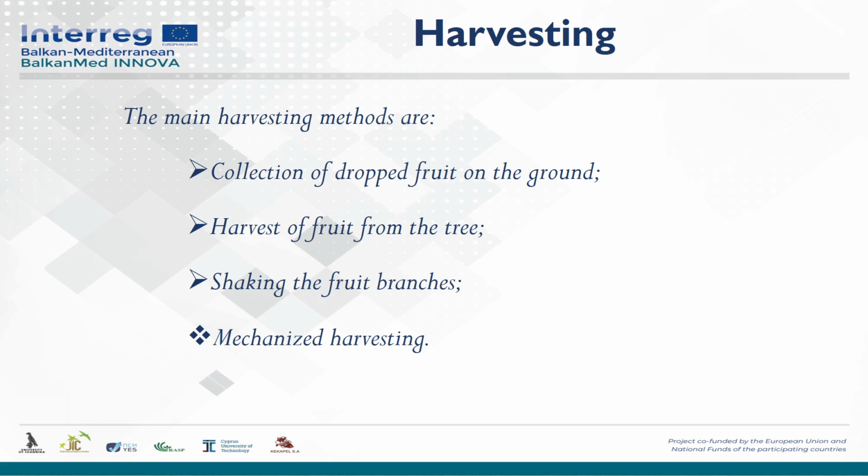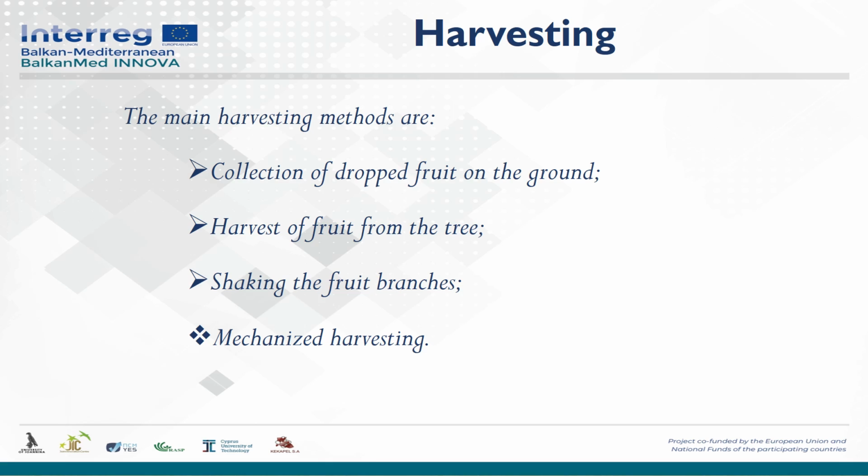Well, shaking the fruit branches, this is the most common method. The worker is equipped with a stick of wood or fiberglass whose length reaches 3 or 4 meters. They use these sticks to hit the tree, trying to hit the big branches.